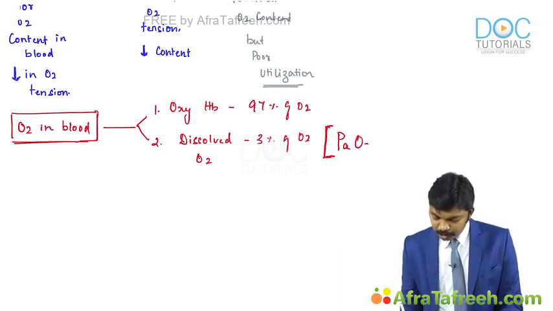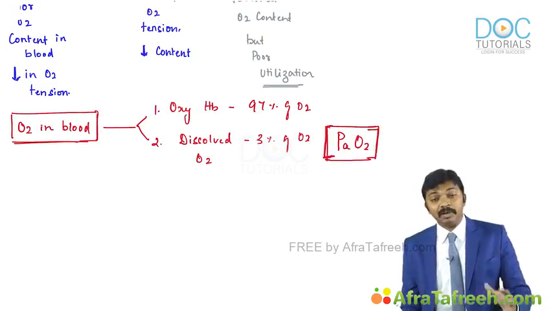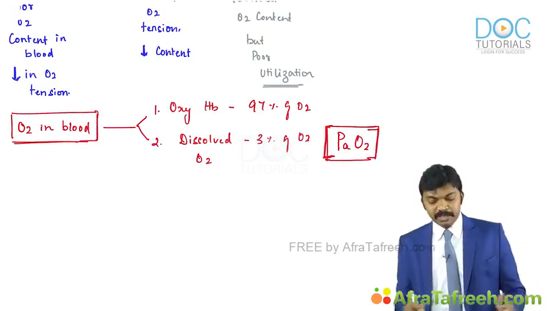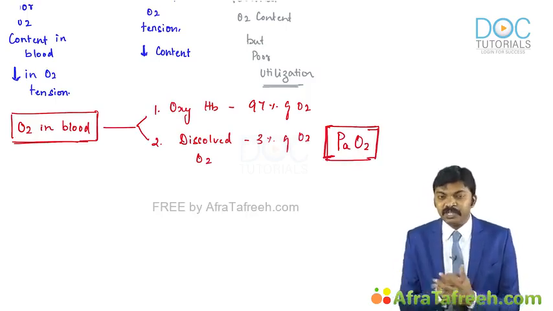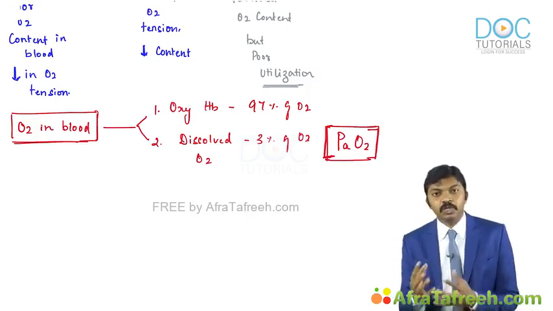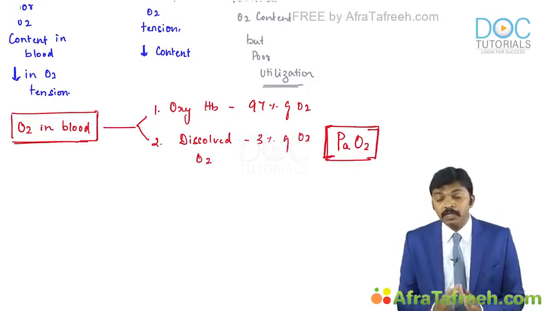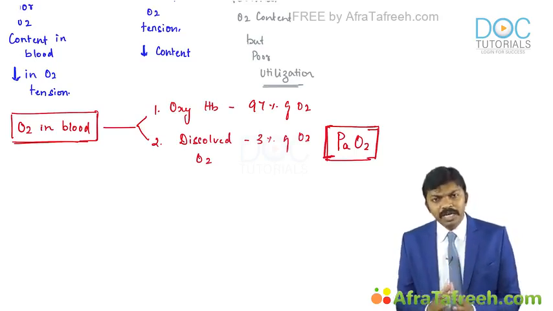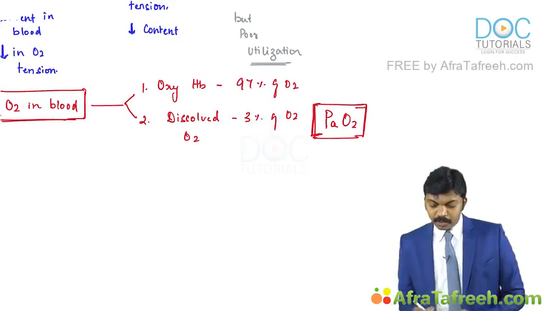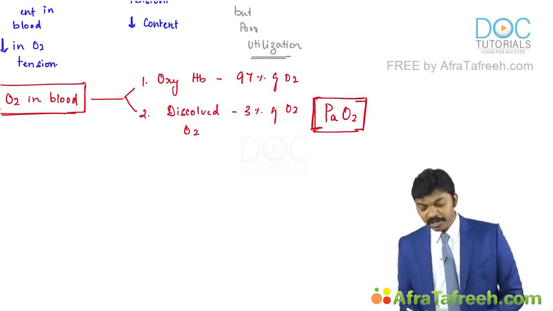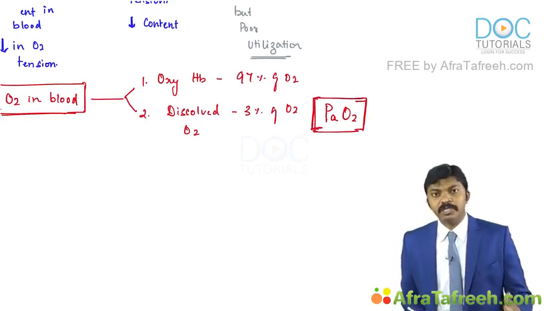So when we speak about partial pressure of arterial oxygen, we do not include the oxygen combined with hemoglobin. As we discussed in the oxygen transport video, any gas stuffed within a container, an RBC, is not going to contribute to partial pressure.